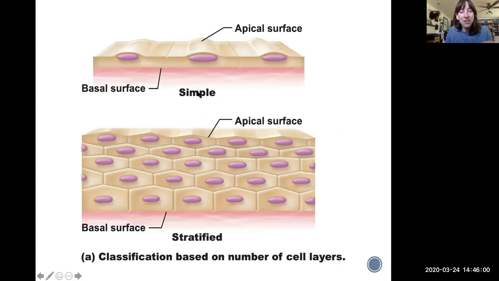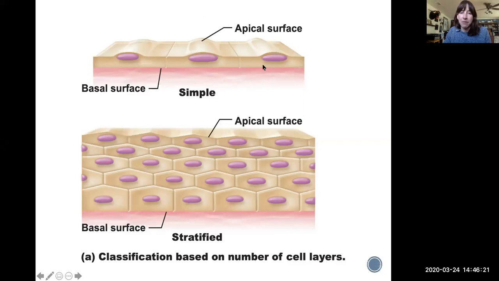For simple epithelia, you literally have one layer of cells. So here's the basal membrane or the basal surface. Out here is the apical surface that's open to the air or to the lumen of the hollow organ that it's lining.